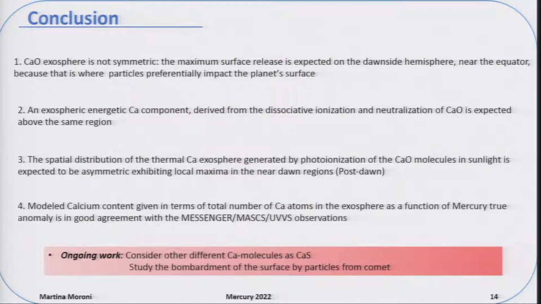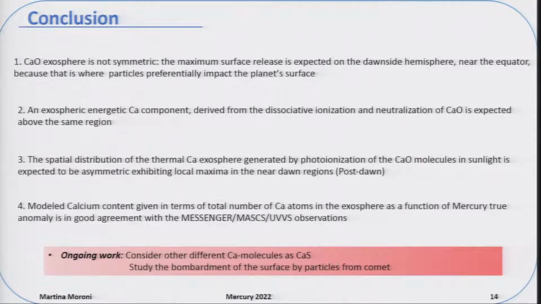So these are the conclusions. I only make a summary of what we did. We studied the calcium exosphere, and we showed that it is not symmetrical, so there is an evident dawn-dusk asymmetry in the exospheric calcium of the planet. We simulated the 2 different contributions, the thermal and the energetic calcium, in the exosphere, and we underline that the more significant contribution is from the energetic calcium.